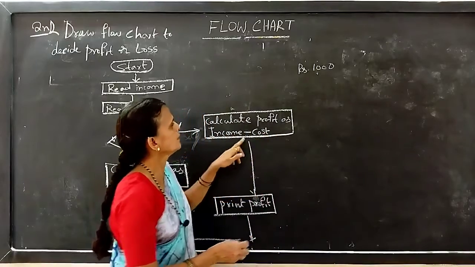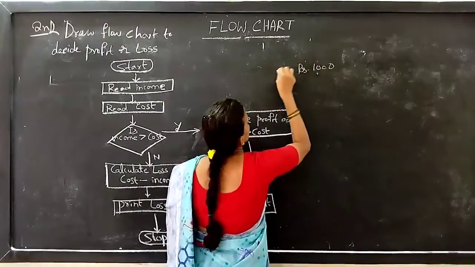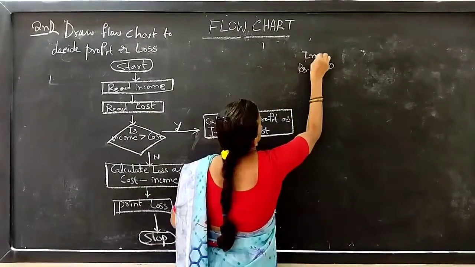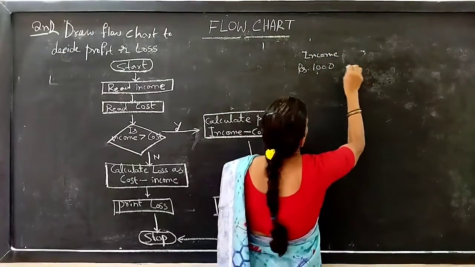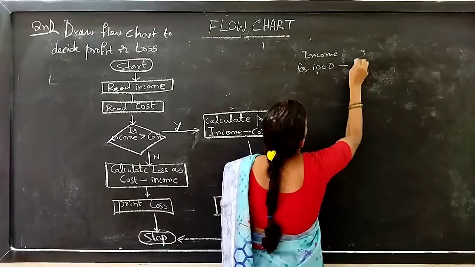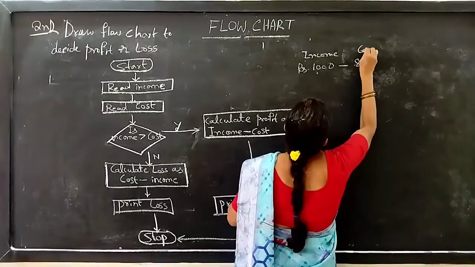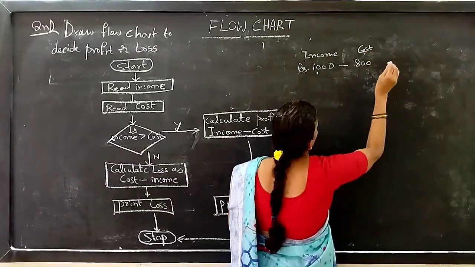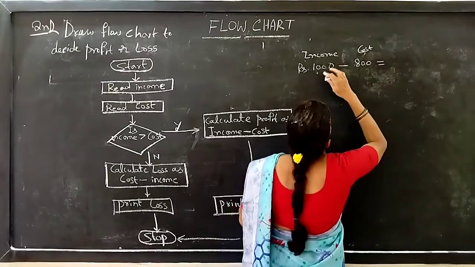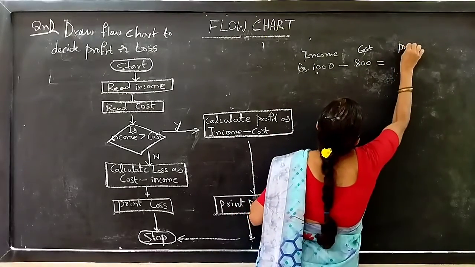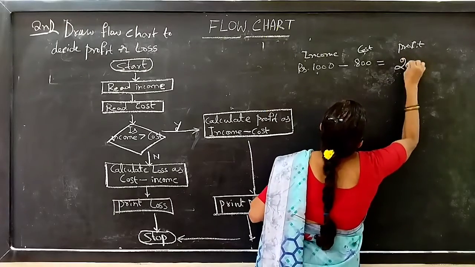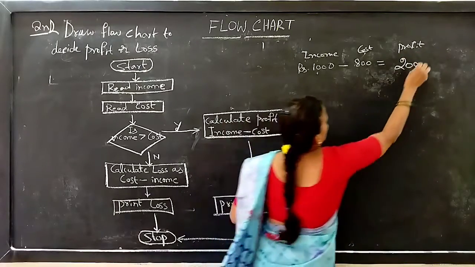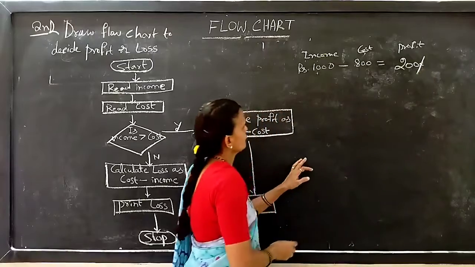Profit is equal to income minus cost. If you spend 800 rupees as cost, you will be getting the difference of 200 rupees as a profit. Understood?